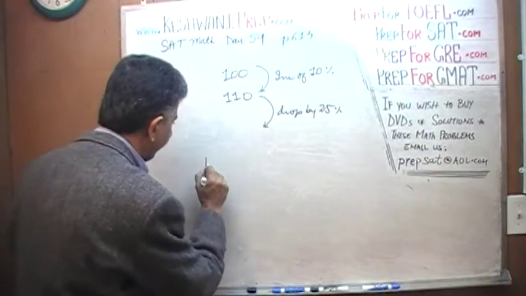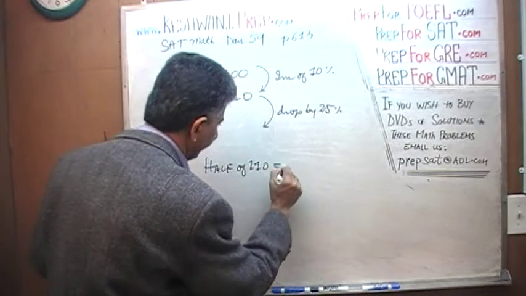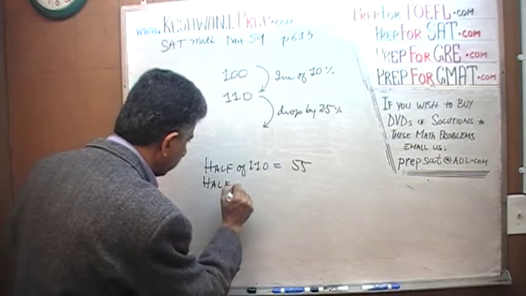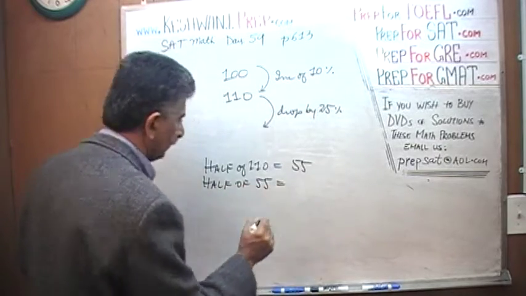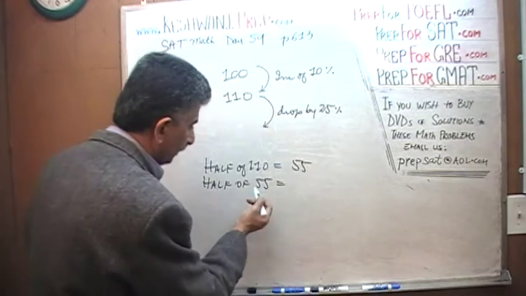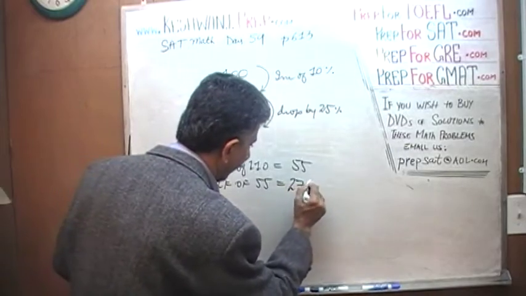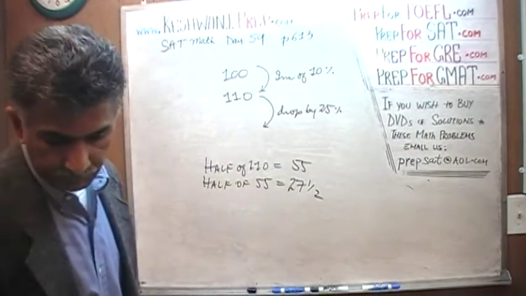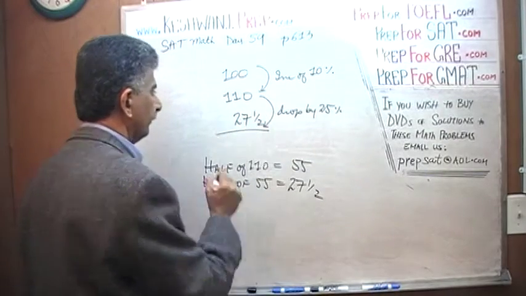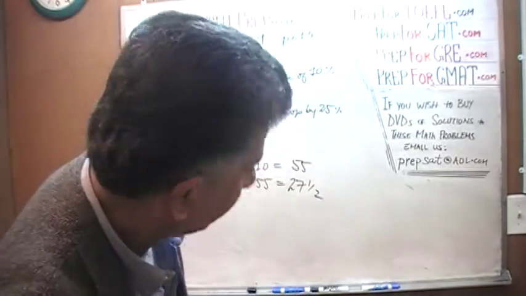We know that half of 110 is 55, and then half of 55 is, well, 55 represents 50%, and half of 50 is 25, and half of 5 is 2.5, so it's going to be 27.5. We need to drop it by 27.5. That's one way to figure out 25% of 110.